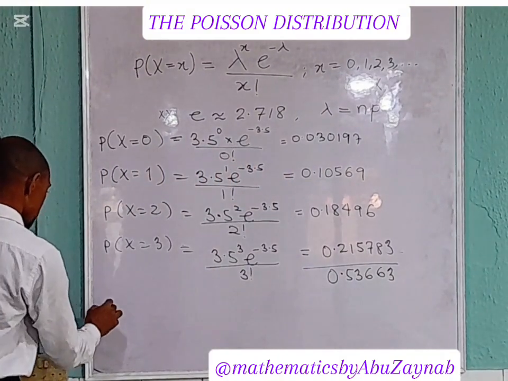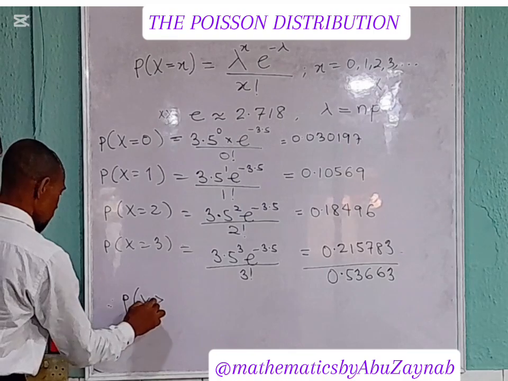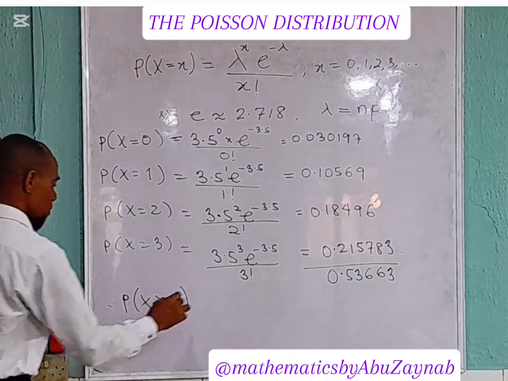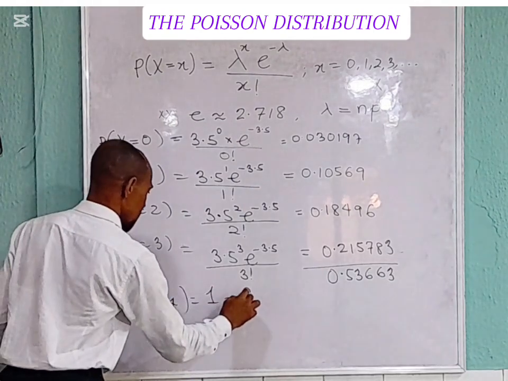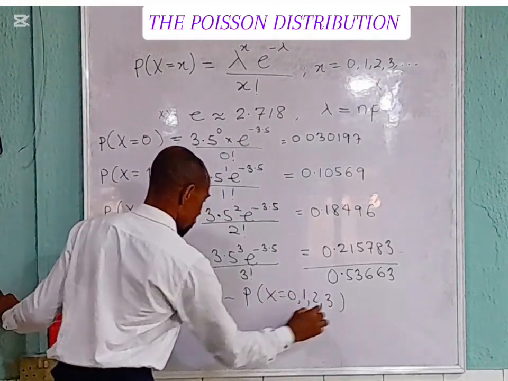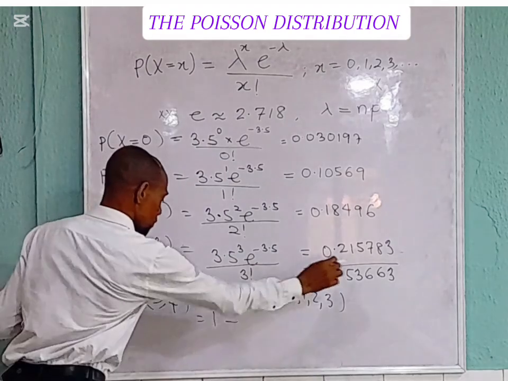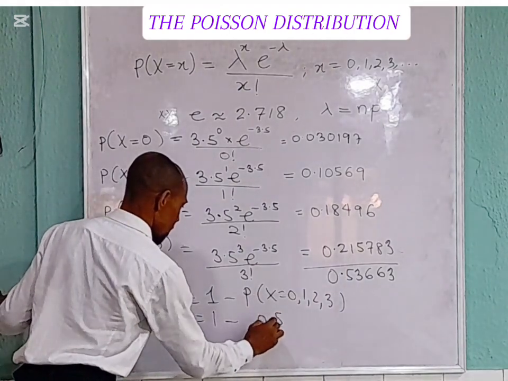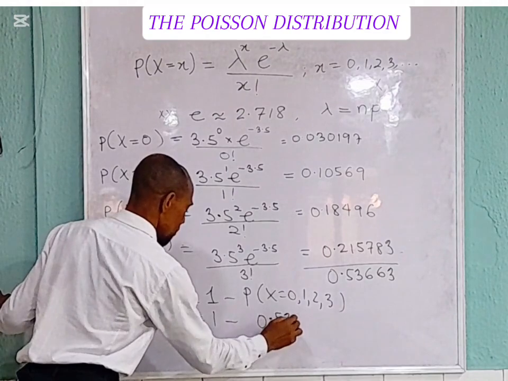To recall, the probability that x is greater than or equal to 4, that's at least 4, is actually 1 minus the probability of x being 0, 1, 2, 3, which is 1 minus 0.53663.